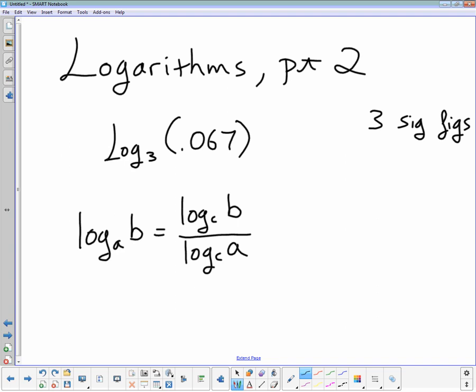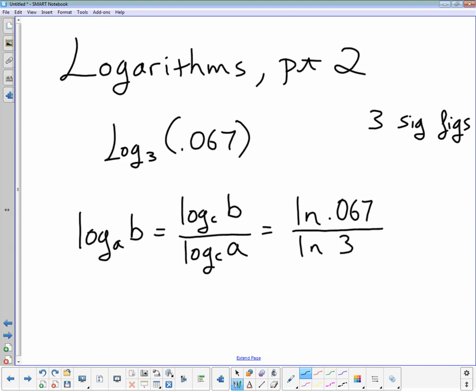And did you? What'd you get? Okay, go to your calculator and type the natural log of 0.067 and divide it by the natural log of 3. That's what you people are doing. You guys are doing the same thing, but you're not using natural log.